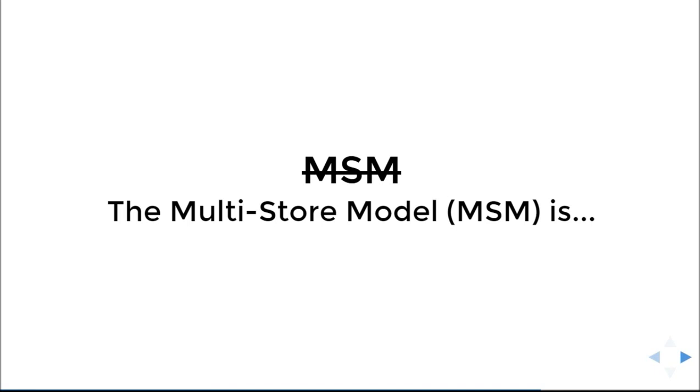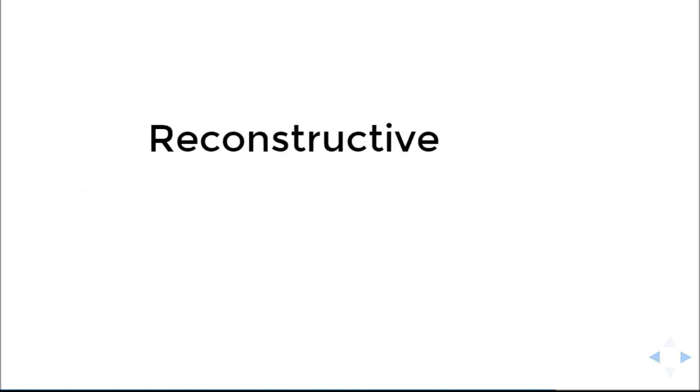So moving on to the RAC, which is short for the reconstructive approach to memory. And in my opinion, this is probably the hardest one to actually understand. But I'll try and make it as simple as I can.